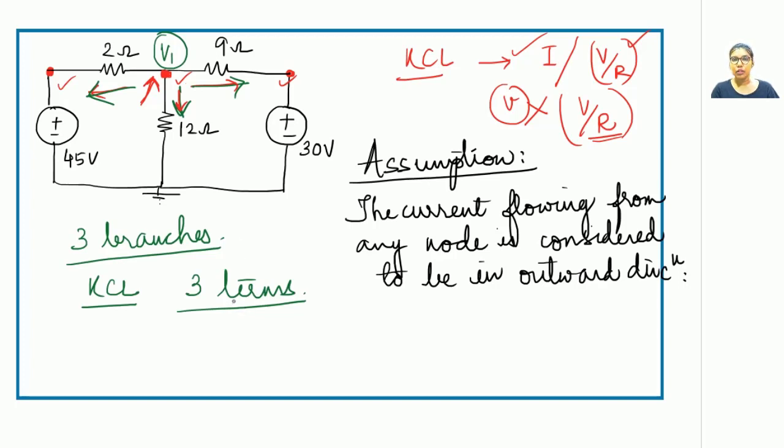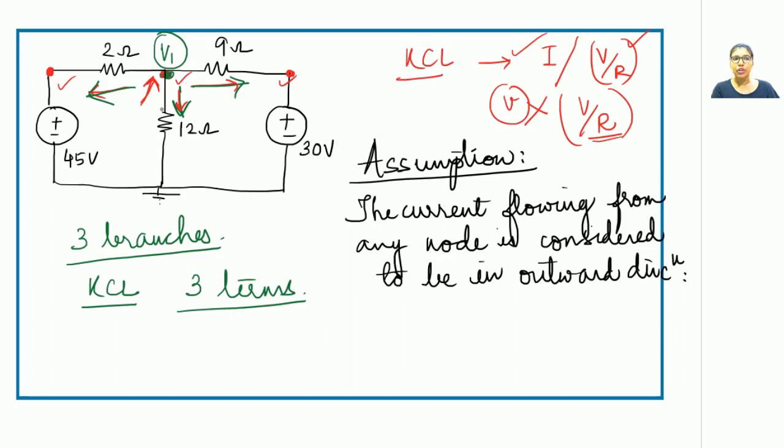In case you are not able to write the KCL equation for any particular branch connected to that node, then KCL cannot be applied. I'm repeating this part once again. You should first figure out the number of branches connected to a particular node.